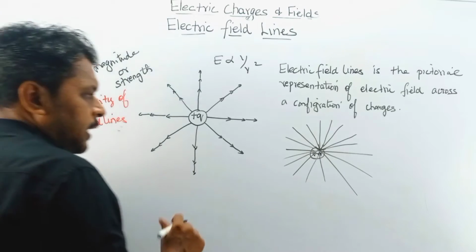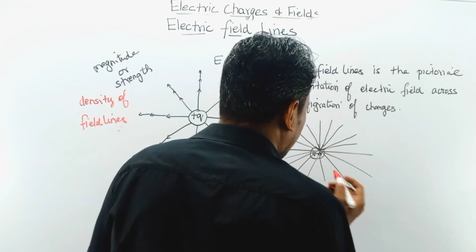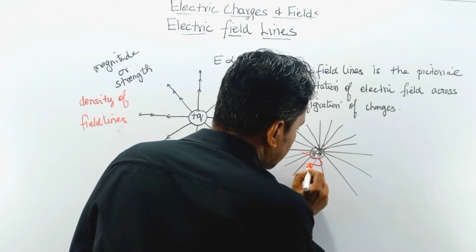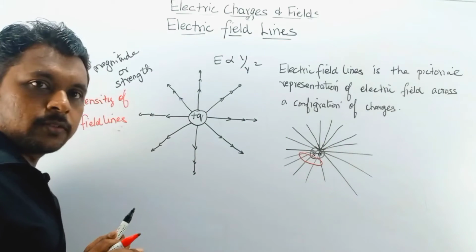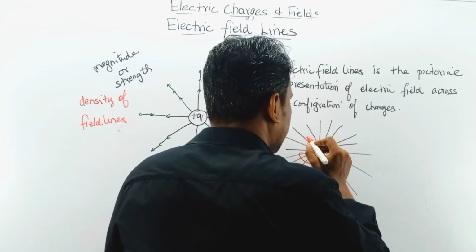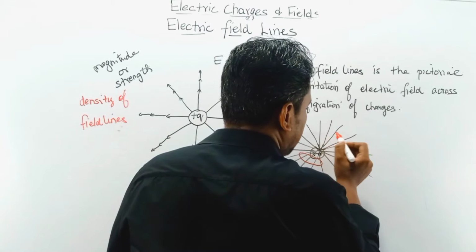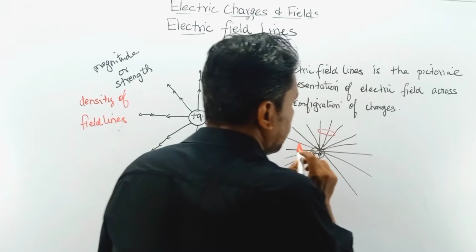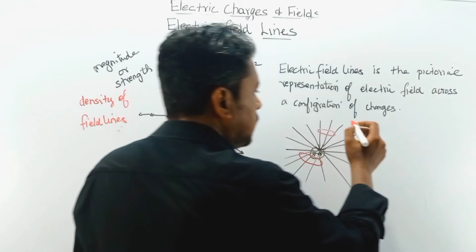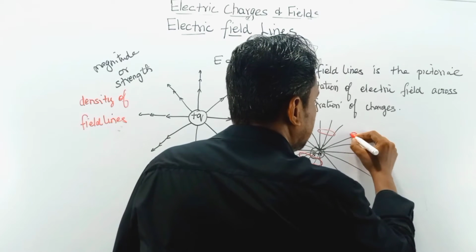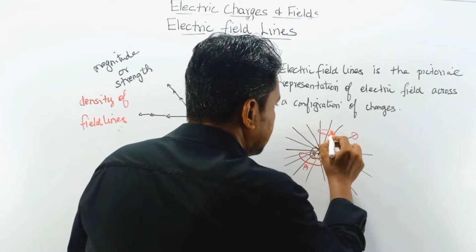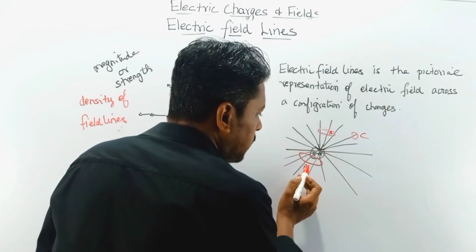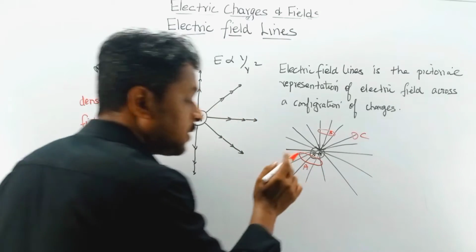From this we can see that I am going to take a region nearby. I am going to enclose the area which covers these field lines. Nearer, I am going to take another area, which covers this area away from it. Now I am going to take another area, more away from it. Let's take this as A, this as B, and this as C. When you compare all these areas, this particular area covers more field lines.